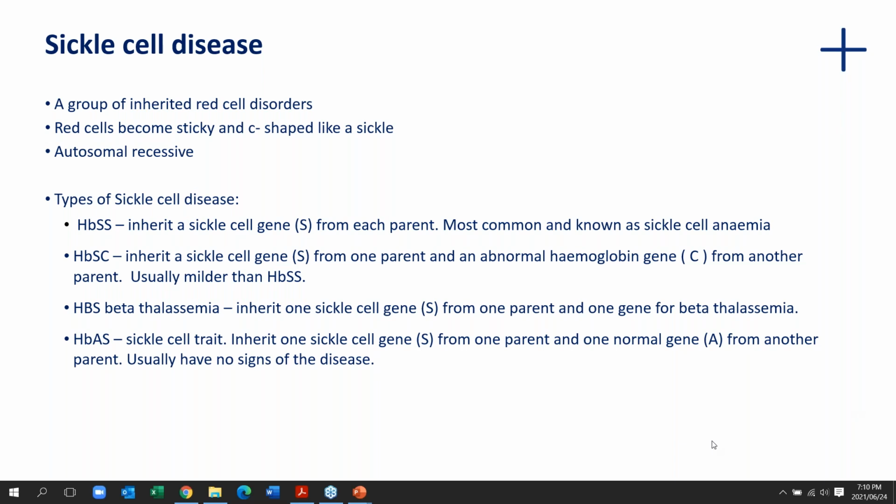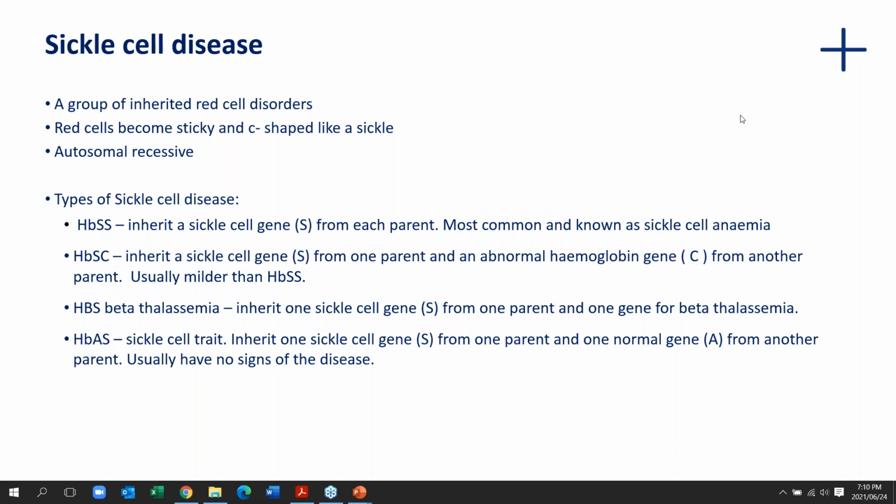The HBSC type is an inheritance of the sickle cell gene S from one parent, and an abnormal hemoglobin gene C from another parent. This type of sickle cell disease is usually milder than sickle cell anemia, but has very similar signs and symptoms. Then you have the HBS beta thalassemia, where the inheritance is one sickle cell gene S from one parent and one gene for beta thalassemia.